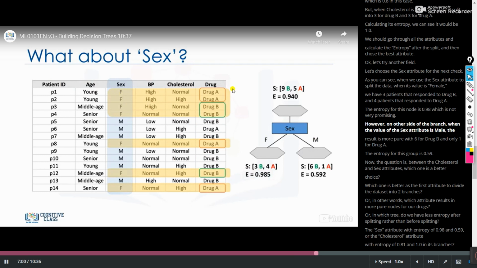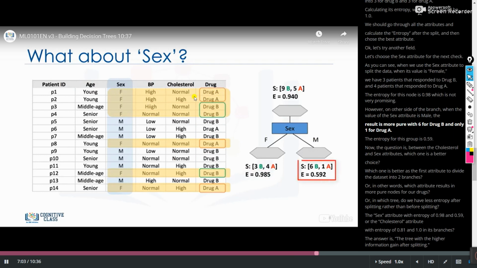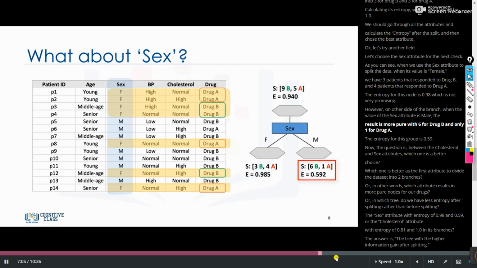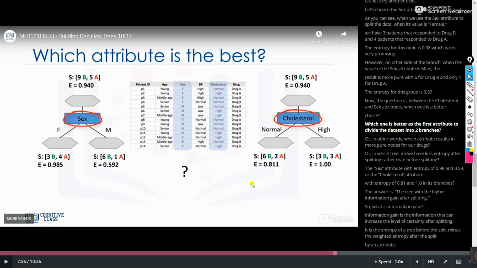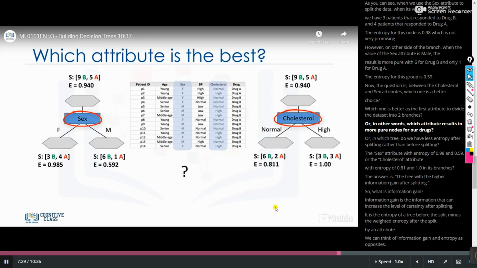With respect to sex, how many drug A are there? The machine is doing it. The first feature was cholesterol, and then A and B, randomly picked. Then they pick BP, and now they are comparing whether sex or cholesterol has less entropy. They see that as compared to sex, cholesterol has less entropy.